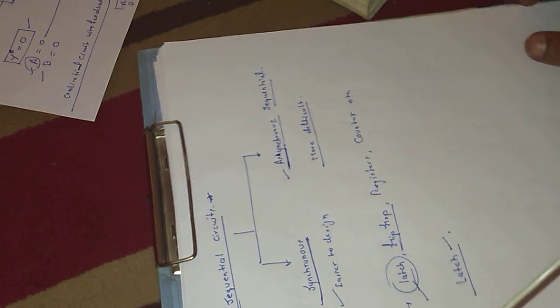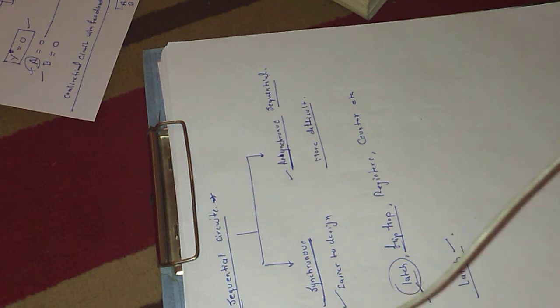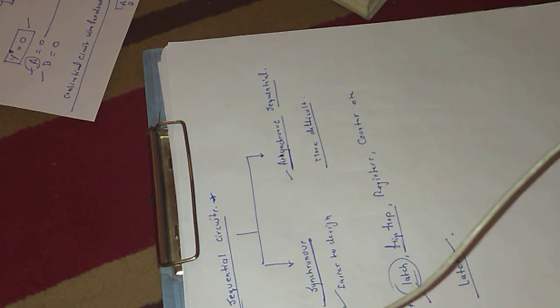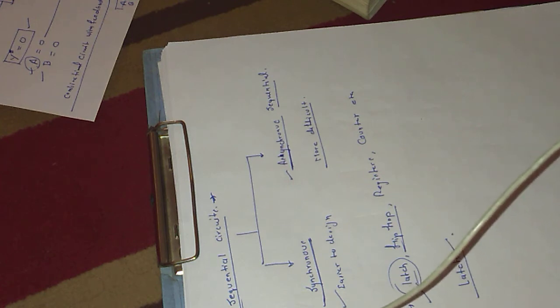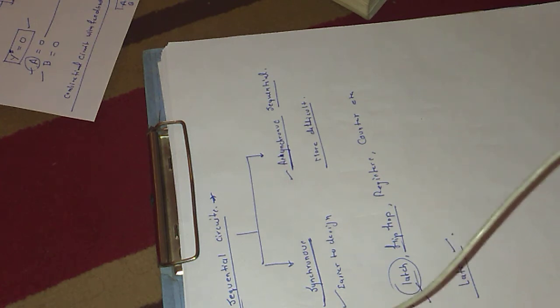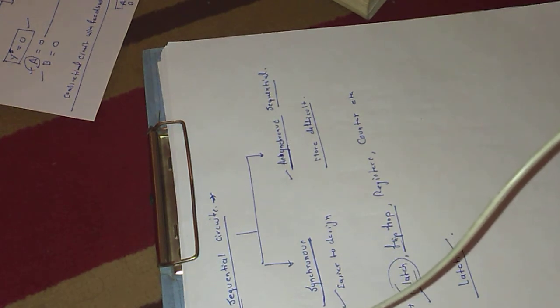So basically a latch is used to store a single bit. Each type of latch, known more formally as a bistable multivibrator, has two stable states.